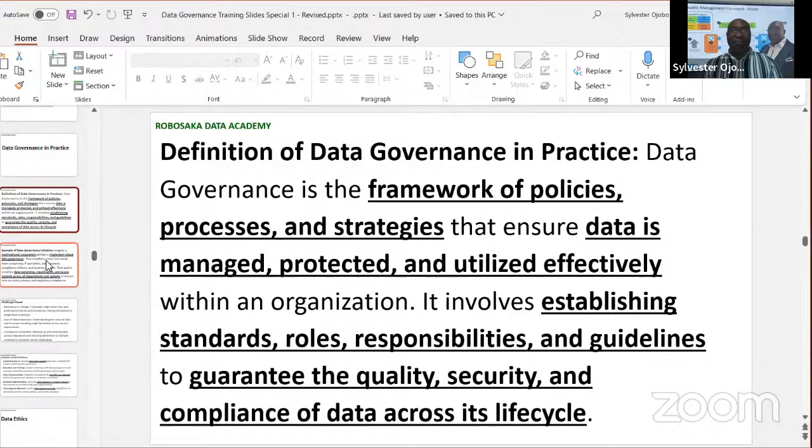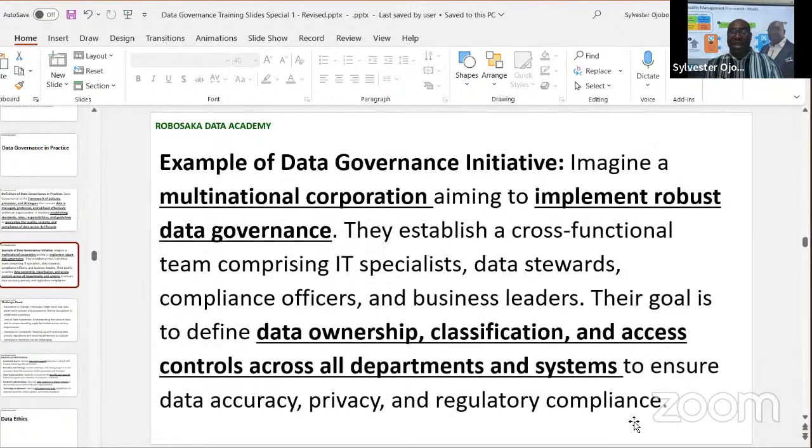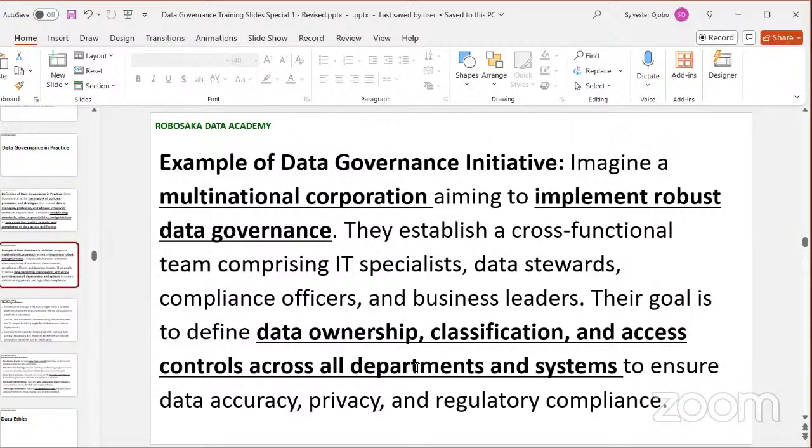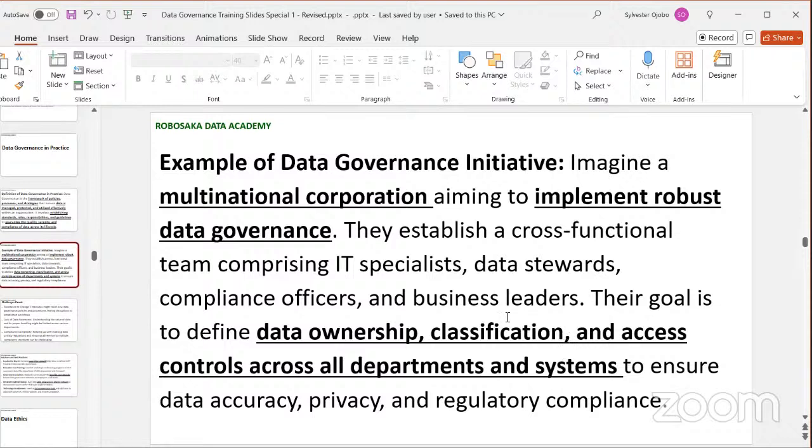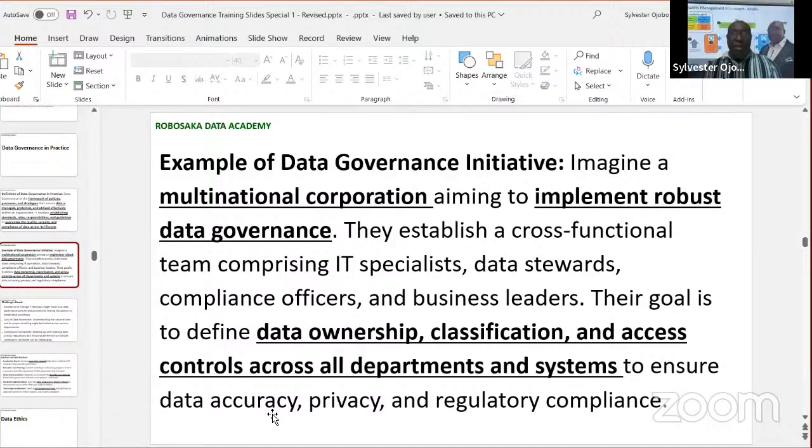Okay. Now, when they do that, why do they have to help you to set up standards and responsibilities? To ensure data accuracy, privacy, and regulatory compliance. When you talk about data accuracy, what do you mean?